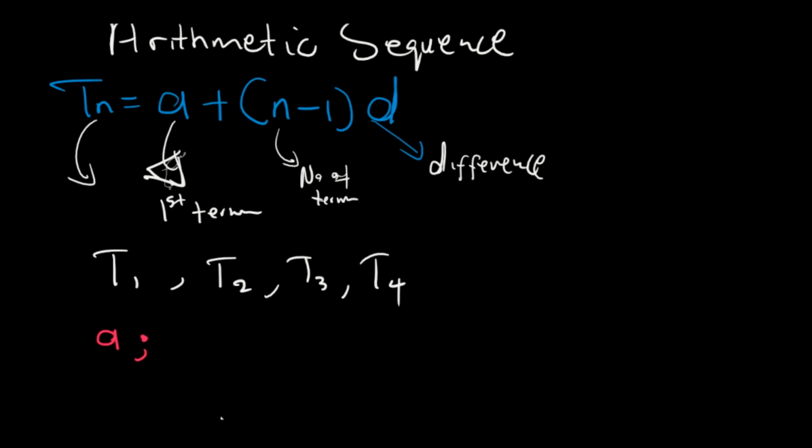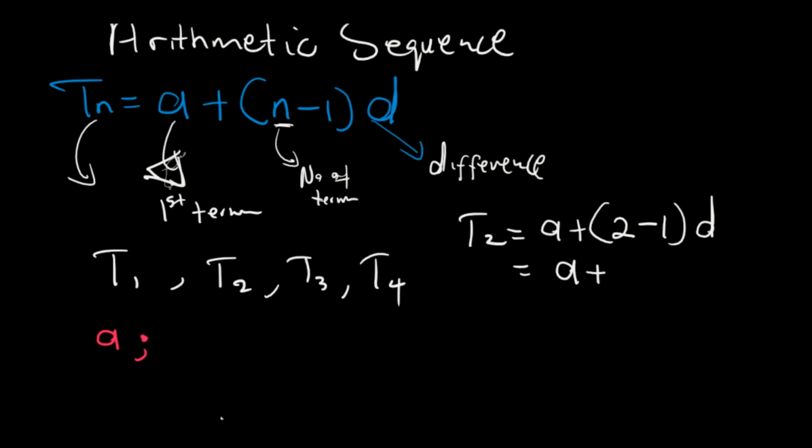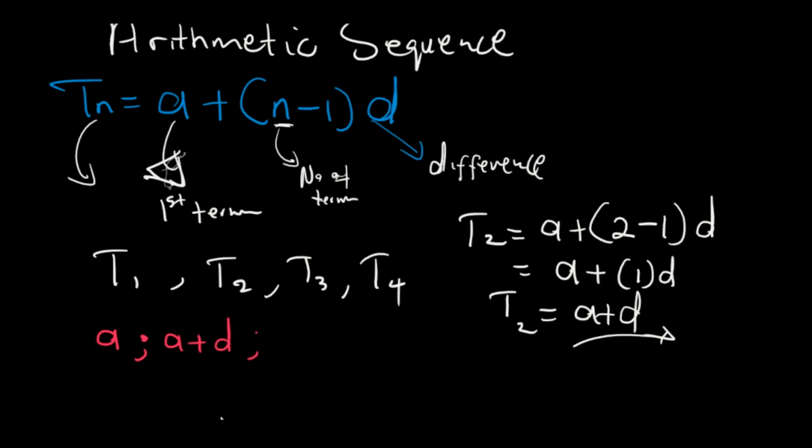And then term number 2, so let me erase this. To find the second term, T2 is equals to a plus, where there's n, we're going to put 2, so there is the n, right? (2 minus 1) multiplied by d, right? So it's going to be a plus, so the 2 minus 1 is 1, right? So it's going to be plus that 1 multiplied by d, which is T2 is equals to a plus d. So this is term number 2. So we're going to write it here, a plus d, right?